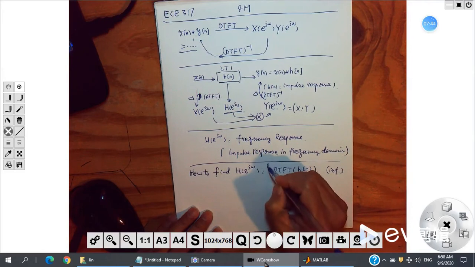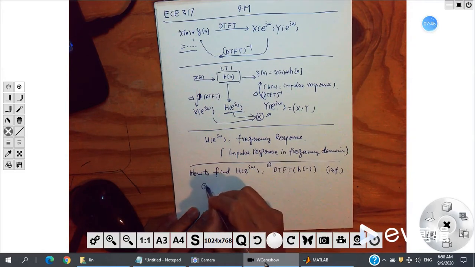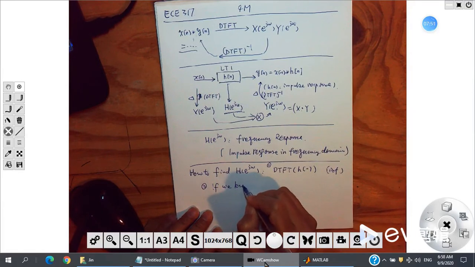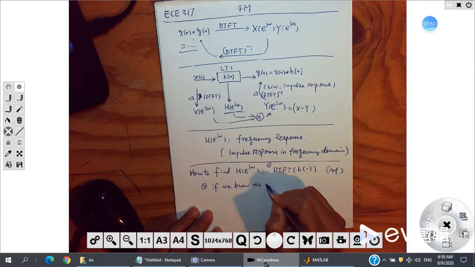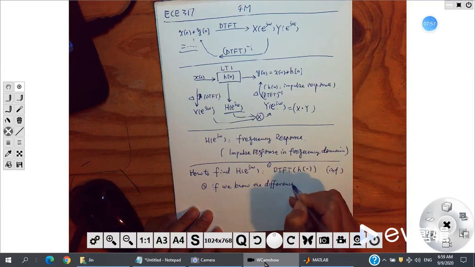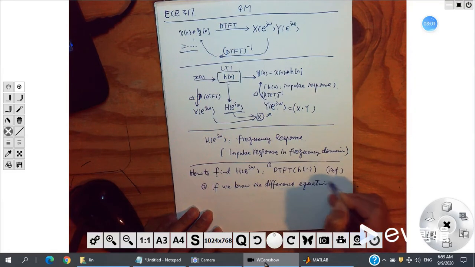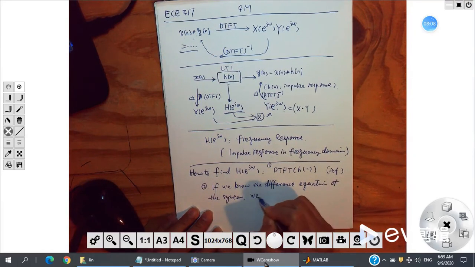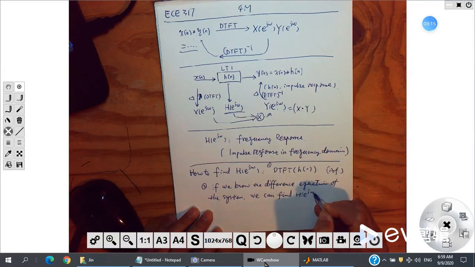This is the first way. And the second way: if we know the difference equation of the system, we can find H from the equation.